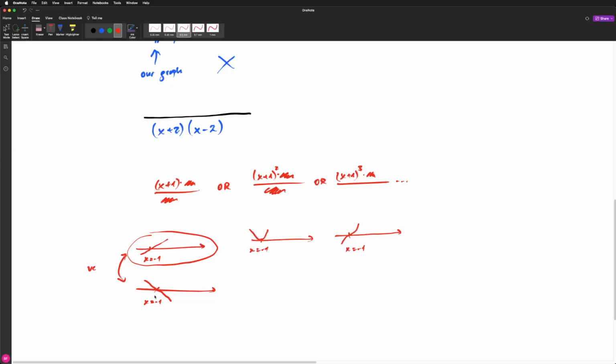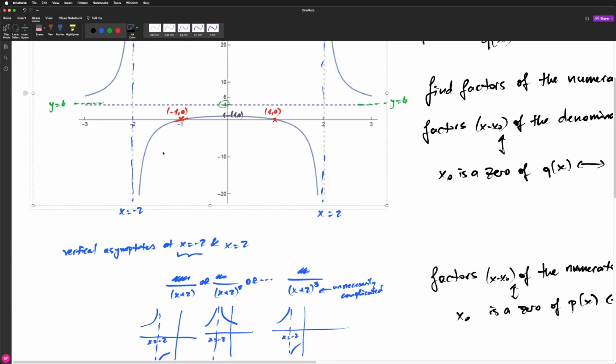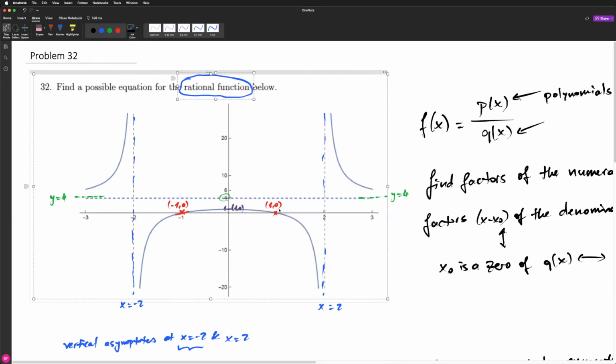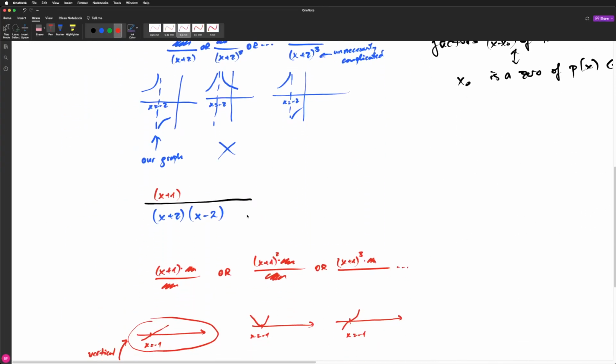In both cases, I would have picked this x plus 1 in the denominator. And x plus 1 doesn't have that information. The other factors will have that, plus or minus. So I'm going to put an x plus 1 because of this x-intercept. And for this x-intercept, I'm going to put an x minus 1. So far, this is how my function looks.